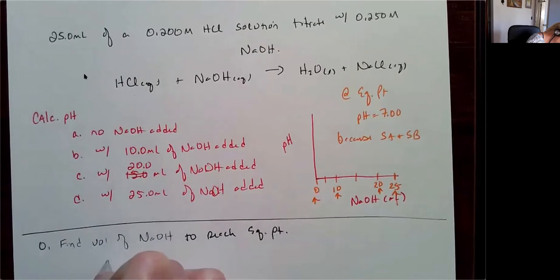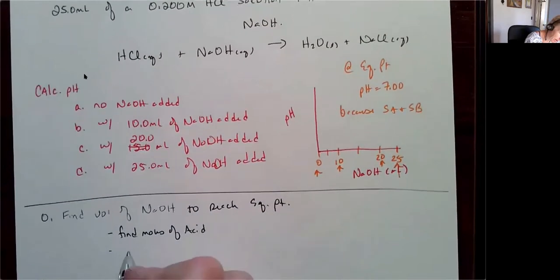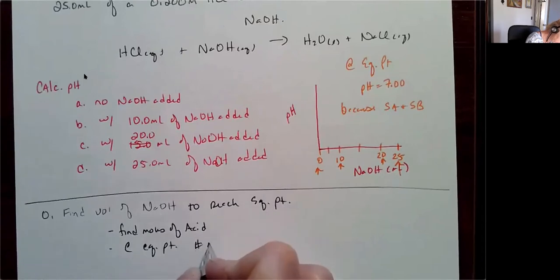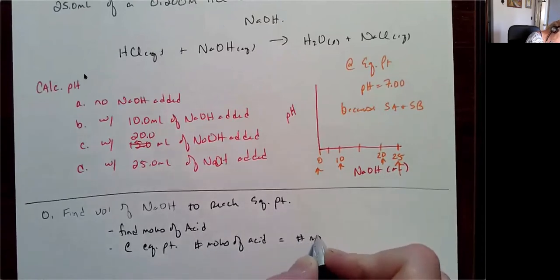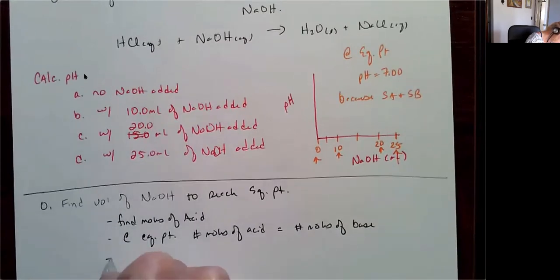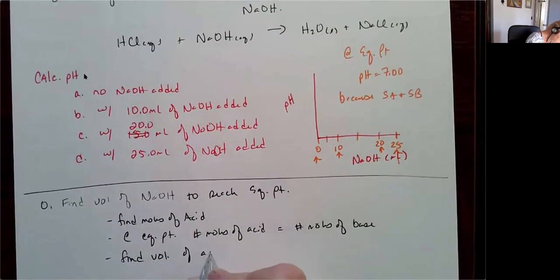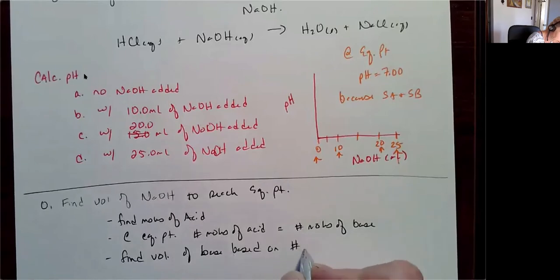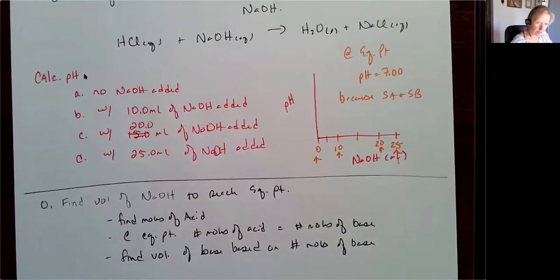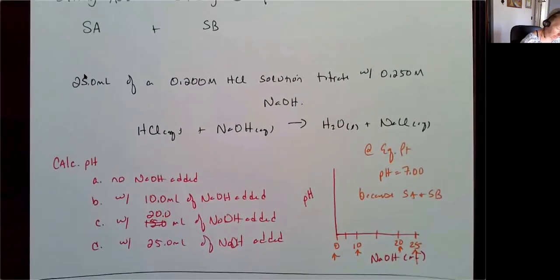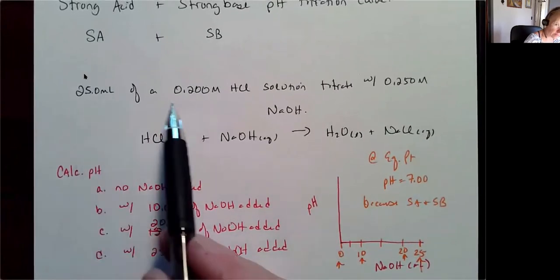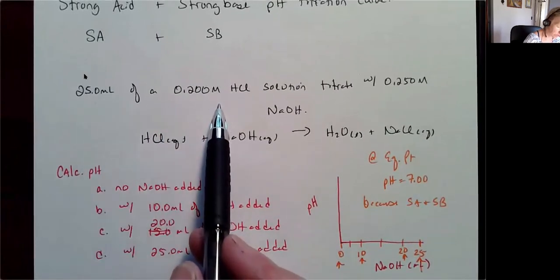In order to do that, I need to find moles of acid, and then at my equivalence point, number of moles of acid is going to equal number of moles of base, and then I'll find volume of base based on number of moles of base. Okay, so it sounds complicated, but it isn't. Some of the things that I have here is I have 25 mLs of a 0.2 molar solution of HCl.